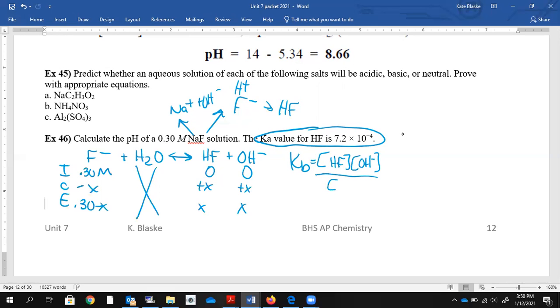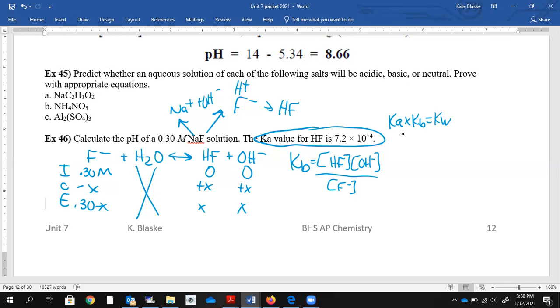The problem gave me a Ka. I can't plug that straight into this equation to solve for anything, but just like H plus and OH minus concentrations are related to each other, Ka and Kb values are related to each other also. So Ka times Kb equals Kw. I know that Kw is always 1 times 10 to the negative 14th.